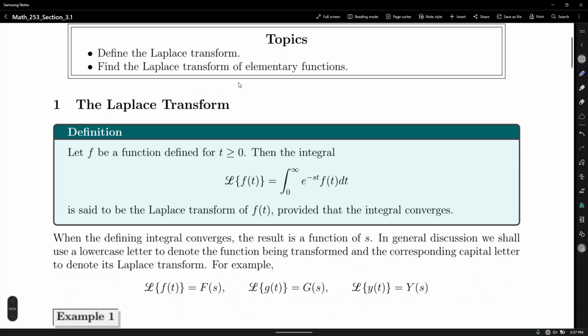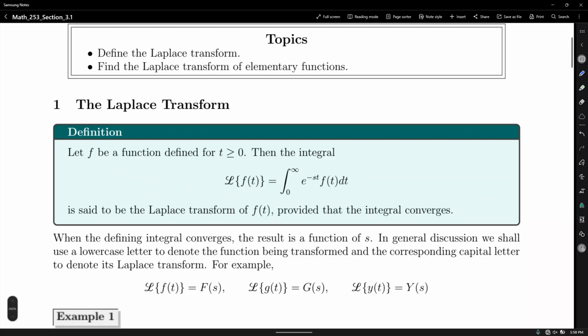But the transform we are interested in is an integral transform, given in terms of the integral from 0 to infinity of e to the negative st f of t dt, where the function f of t is the function we're going to transform.